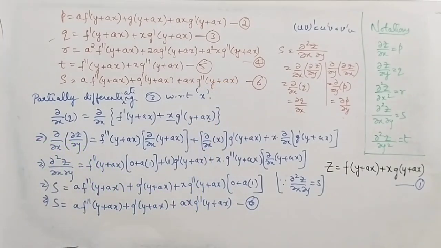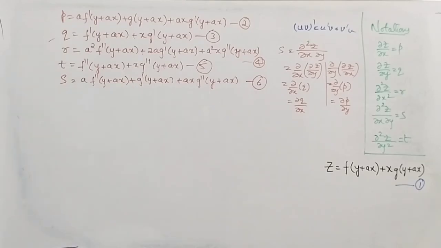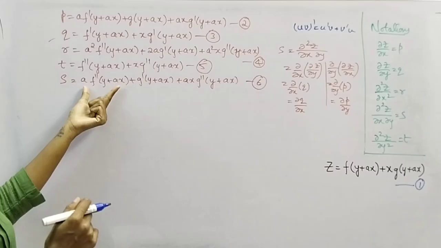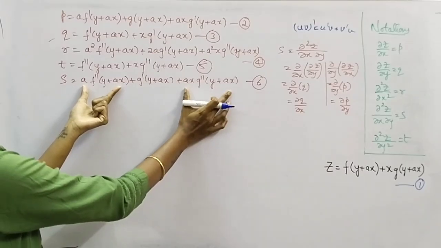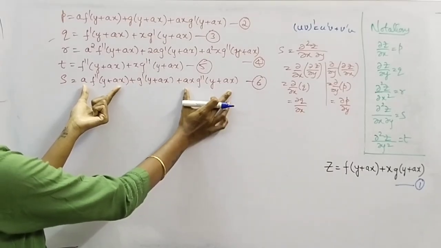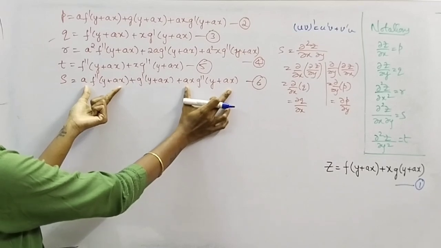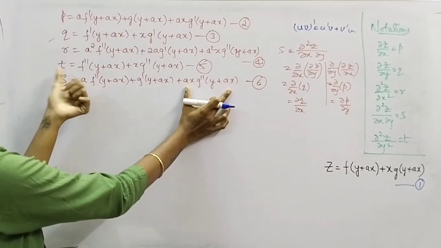Fine, now observe all the 6 equations that we have. We have r, s, t, which involve f double dash and g double dash, right? So observe these 3. In t we have f double dash plus x g double dash. In s we have a f double dash plus a x g double dash. If you take a common from these two terms, we'll get a times f double dash plus x into g double dash, which can be replaced by t.